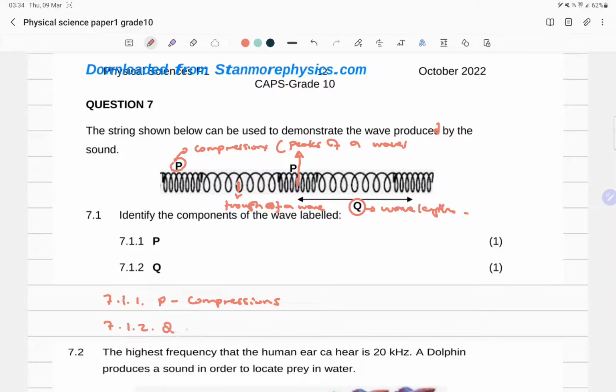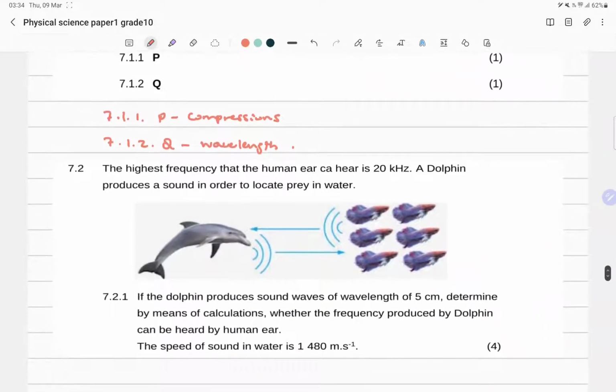For 7.1.2, we've got Q. Q represents the wavelength, the center of which would represent a trough, or the dip in the wave. Great, easy stuff. Just need to know these from your textbooks.